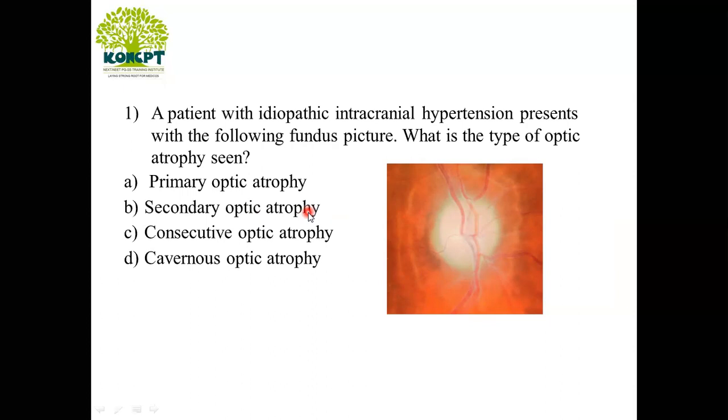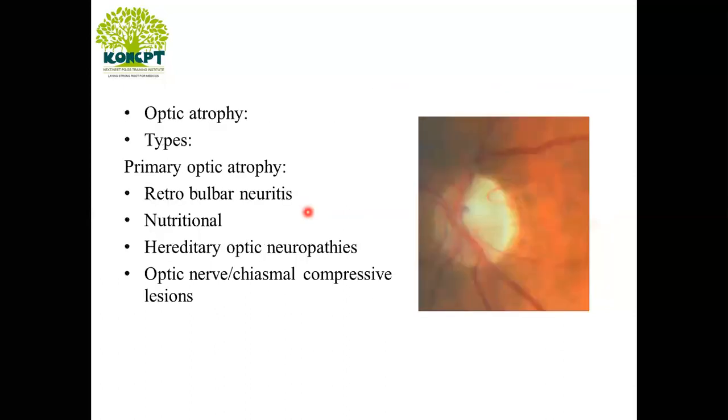Let us see how. These four types, primary, secondary, consecutive, and cavernous, are based on clinical examination findings. Primary optic atrophy is an optic atrophy in which there was no preceding disc edema. Usual causes are retrobulbar neuritis, nutritional optic atrophy, hereditary optic neuropathy, and optic nerve or chiasmal compressive lesions.